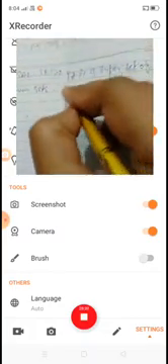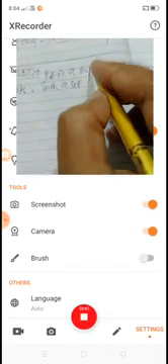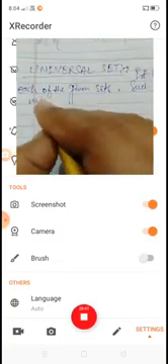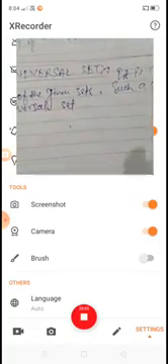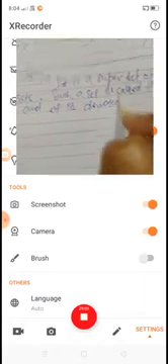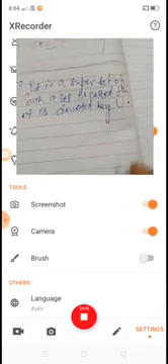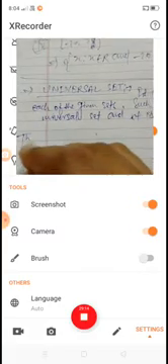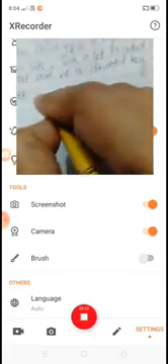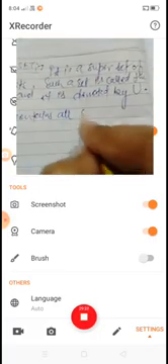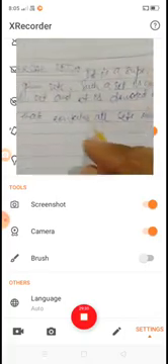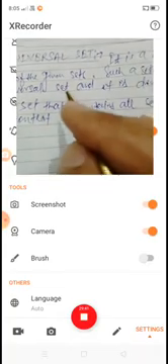Such a set is called the universal set, and it is denoted by capital U. Thus, a set that contains all sets in a given context is called the universal set.